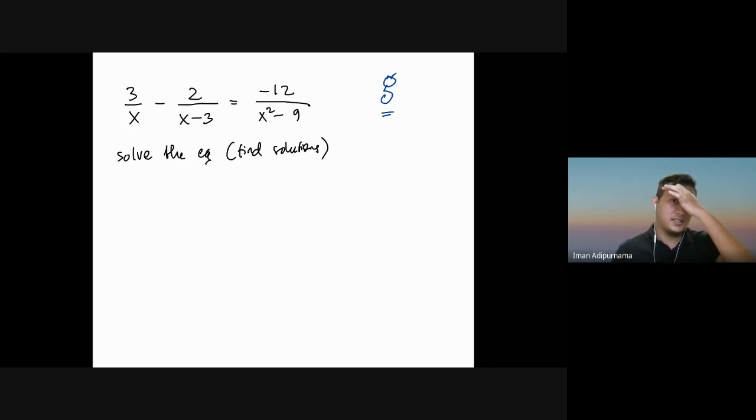Sometimes. But this is 9. This is x squared minus 9. So 3 over x minus 2 over x minus 3 equals negative 12 over x squared minus 9.